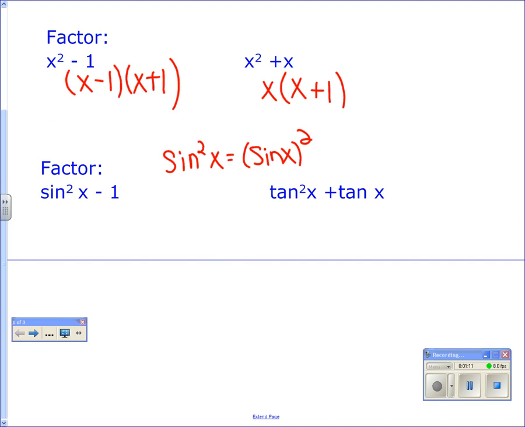Any ideas how we could factor sine squared x minus 1? Does that make sense? It's of the same form as this one.